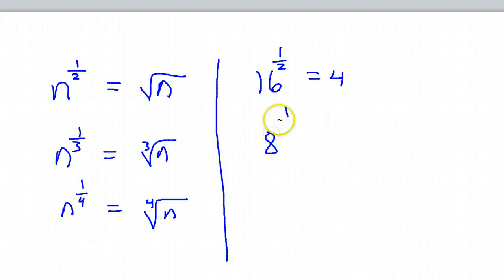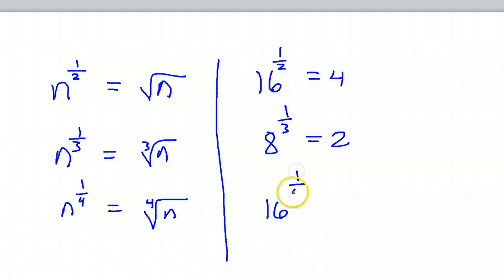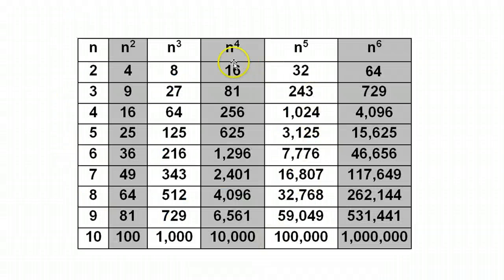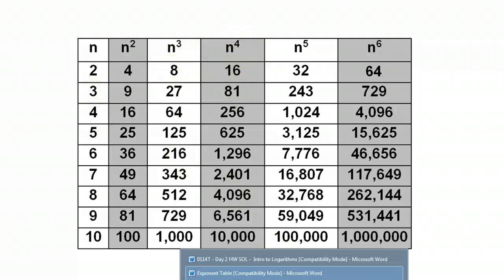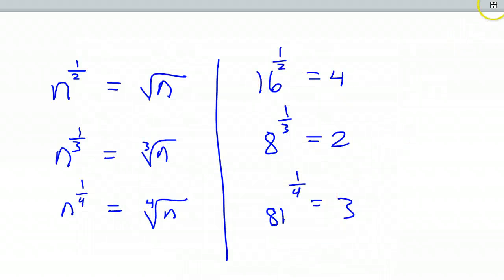If I do 8 to the 1/3 power, that's 2, because that's the same thing as the cube root of 8. And if I do 81 to the 1/4 power, that's 3, because the 4th root of 81 is 3. Okay, so just keep that in your mind.